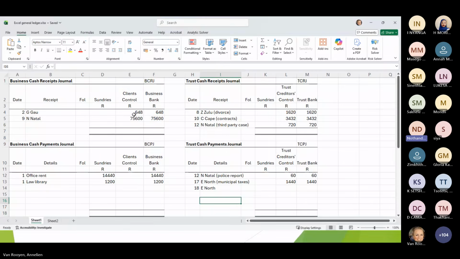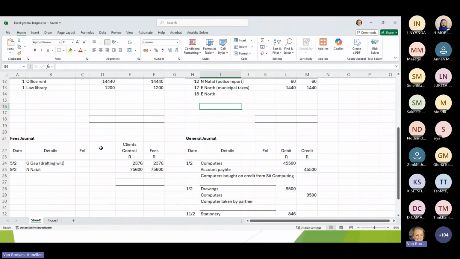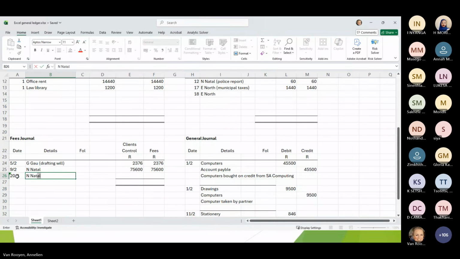The fees journal. eNatal is invoiced, so it must be the fees journal, correct. On the 20th, 1728.